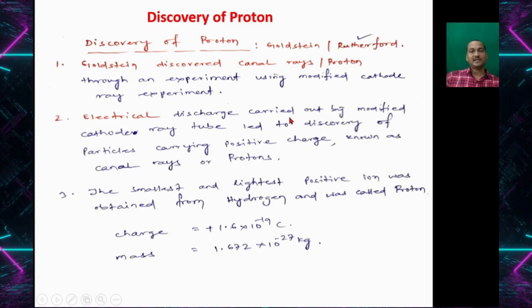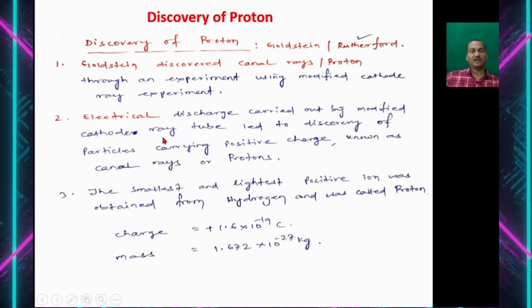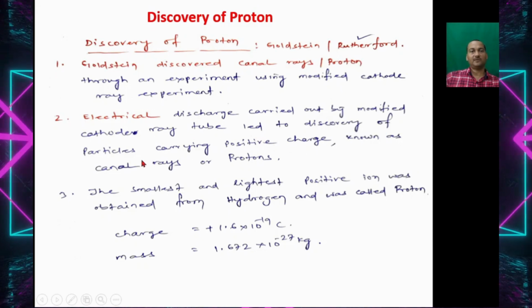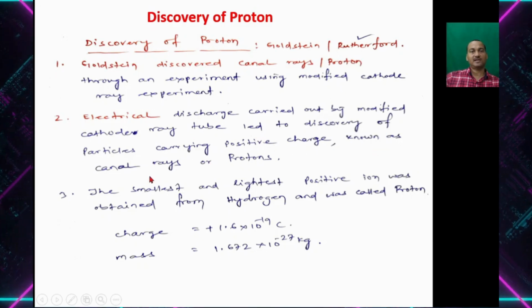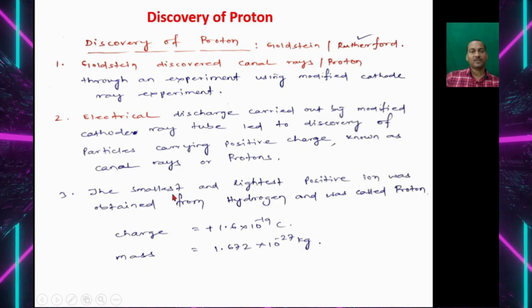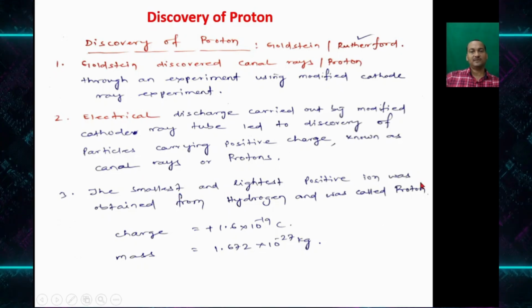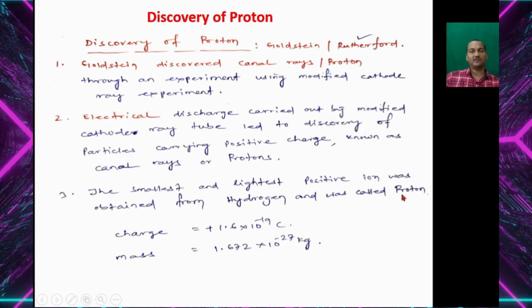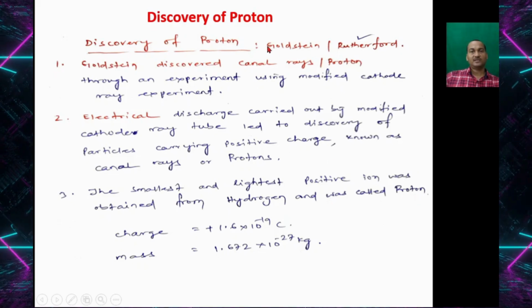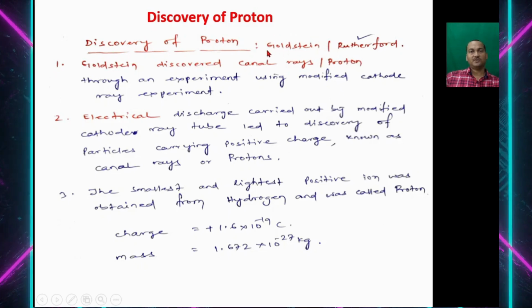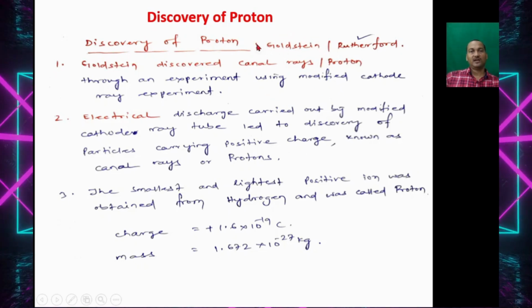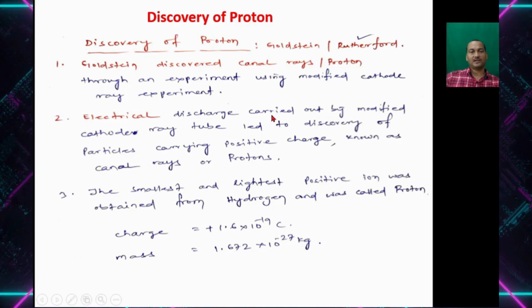The electrical discharge carried out in the modified cathode ray tube led to the discovery of particles carrying positive charge known as canal rays or protons. The smallest and lightest positive ion was obtained from hydrogen and was called the proton. But since Goldstein could not give sufficient evidence, the credit does not go to Goldstein.